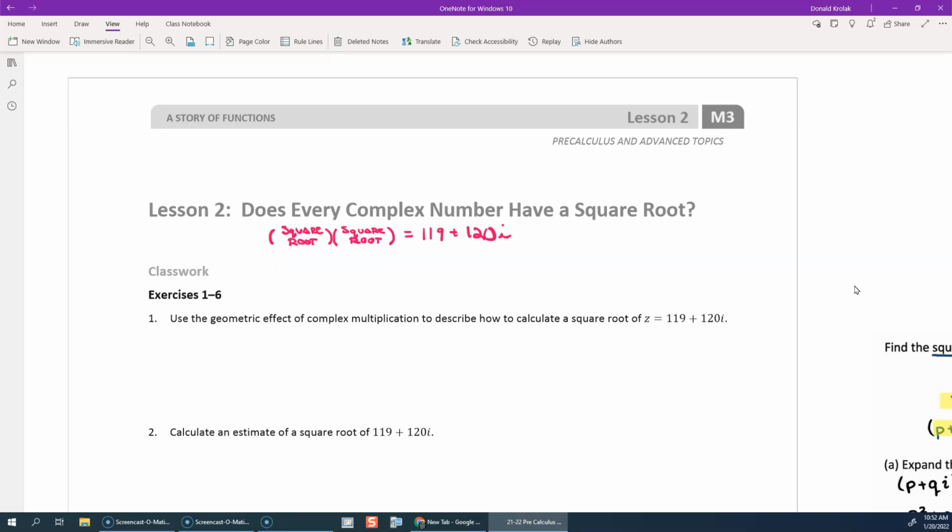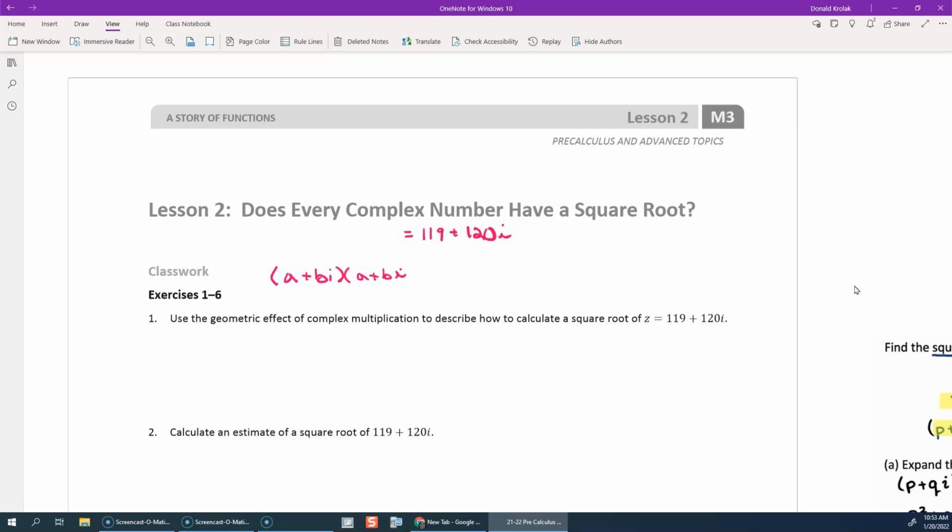So this is the square root of 119 plus 120i, and this is the square root of 119 plus 120i. And I'm just going to let that be a plus bi and a plus bi. That's the square root. These are the same thing. Let me write it like this.